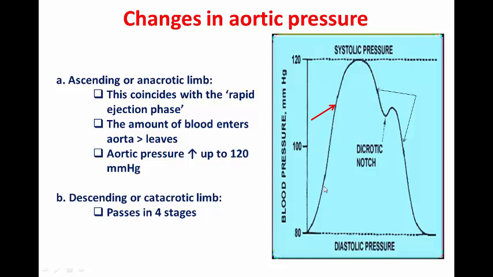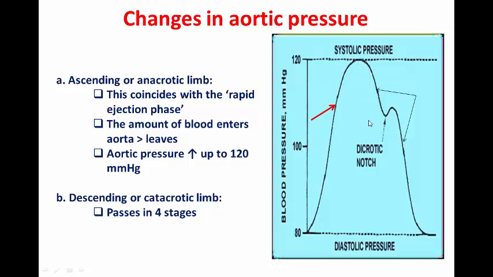The ascending limb coincides with the rapid ejection phase of the cardiac cycle, where the amount of blood which enters into the aorta is more than the amount of blood which leaves the aorta and goes to the tissues. So the aortic pressure increases up to a maximum level of 120 millimeters of mercury.